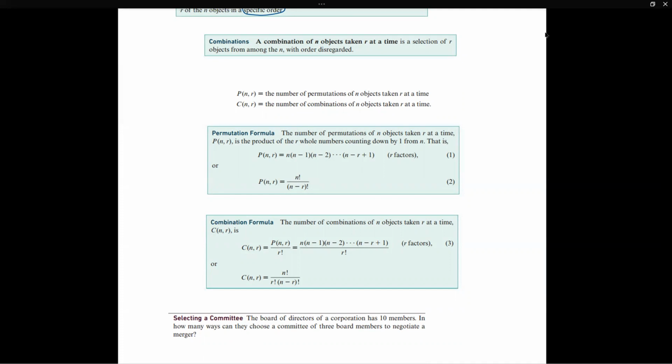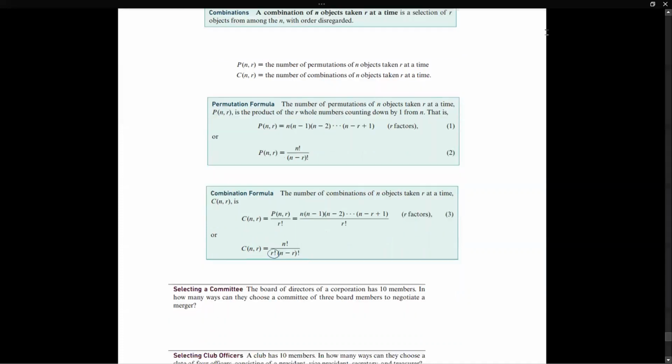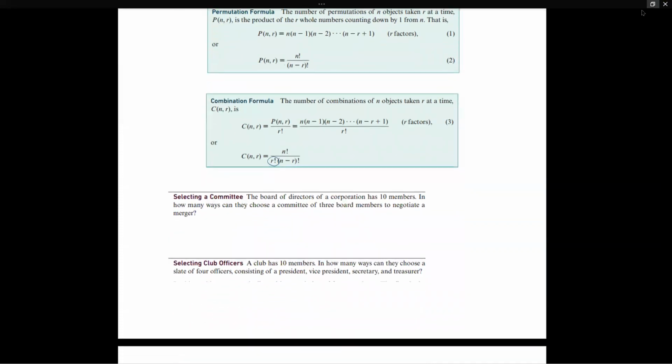PNR, the number of permutations of n objects taken R at a time, is n factorial over n minus R factorial. For the combination, it's slightly different. The combination has this R factorial here. It's almost the same formula with R factorial. So let's look at these two examples to reinforce this.